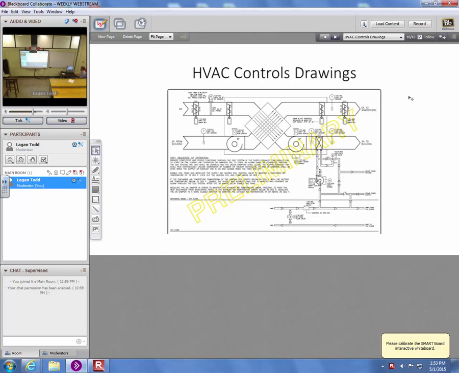You know, when you're in the residential world, a controls drawing usually comes from the factory or the manufacturer along with some appliance or HVAC equipment that you're just installing.